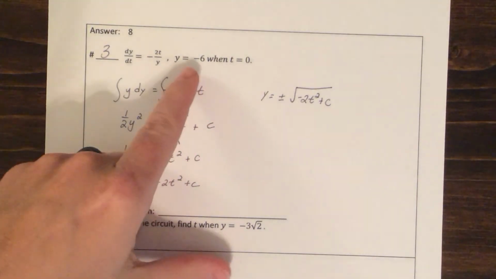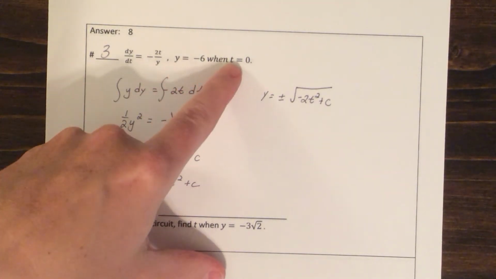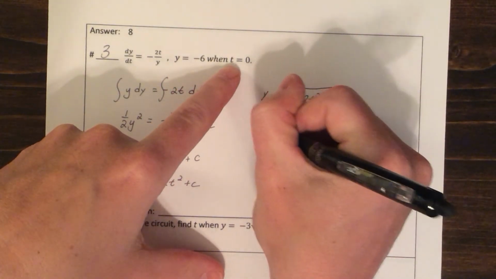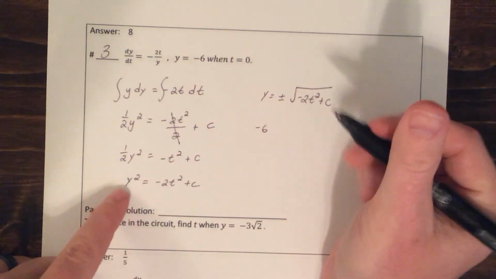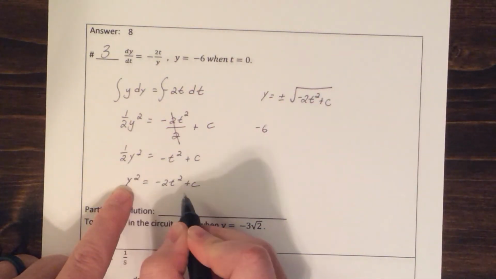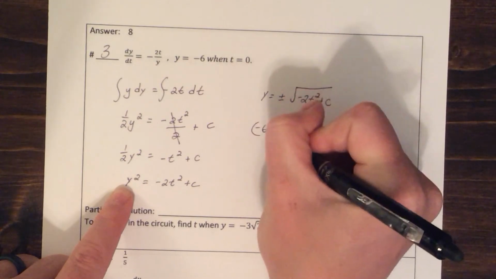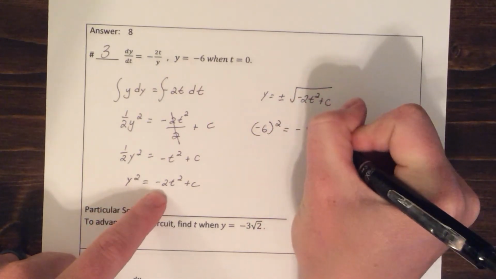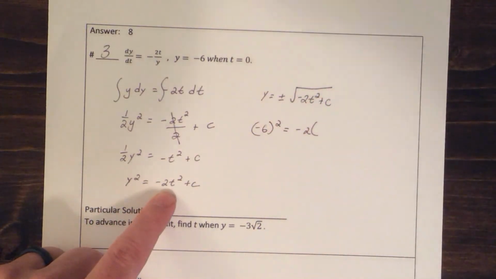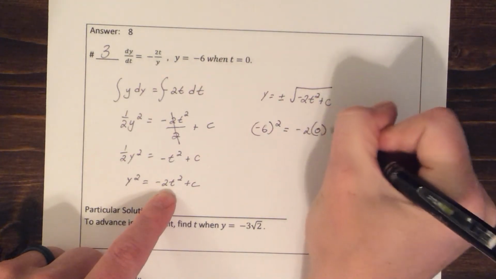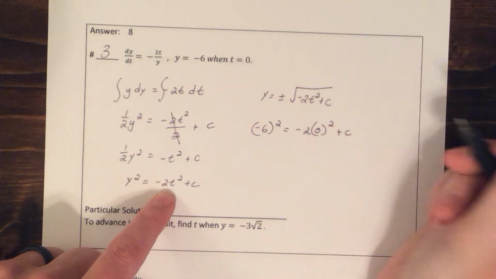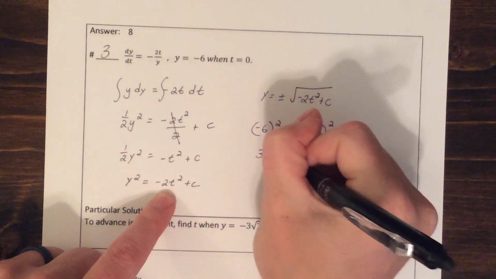Alright, so then they told us y is negative 6 when t is 0. So negative 6, and I used this. Negative 6 squared equals negative 2 times 0 squared plus c. So that's 36.